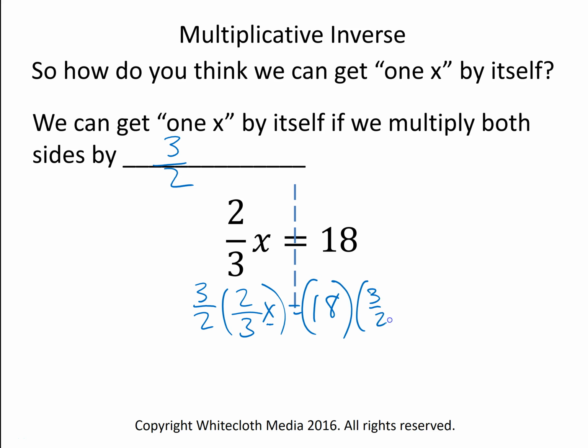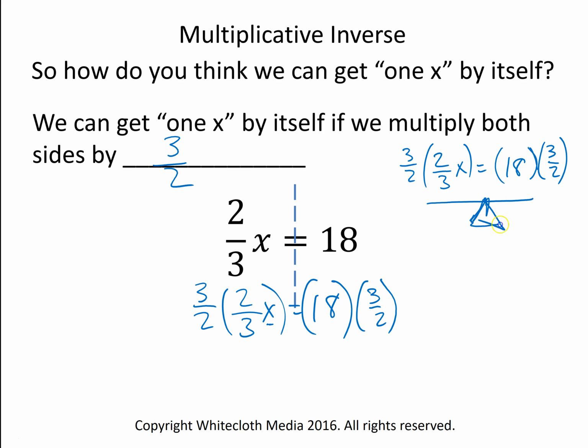Again, it's like a balance. If I have 2/3 x equals 18, I must multiply both sides by 3/2 so that it still balances. That's the multiplicative inverse, so it becomes 1x, which is what I want, and then this gives me 27. So that's my solution.